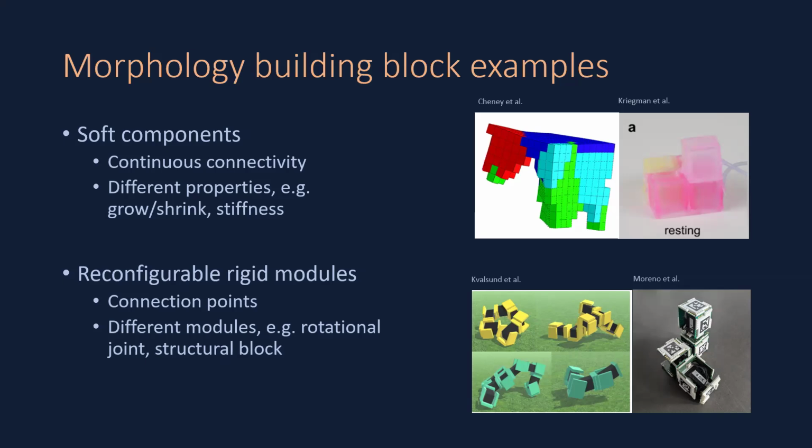Another approach that's a bit more typical, traditional engineering is to have modules that you can assemble together. These are much easier to transfer to the real robot, and you can reuse these components, so you don't have to waste a lot of materials every time you make a new robot morphology that you want to try.